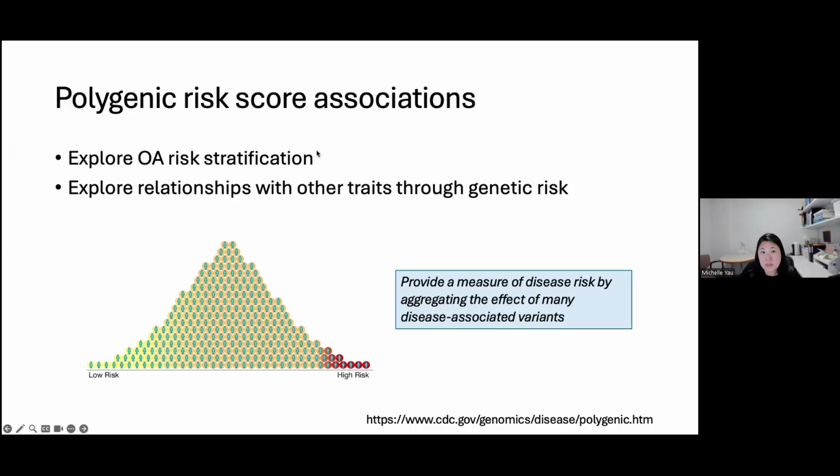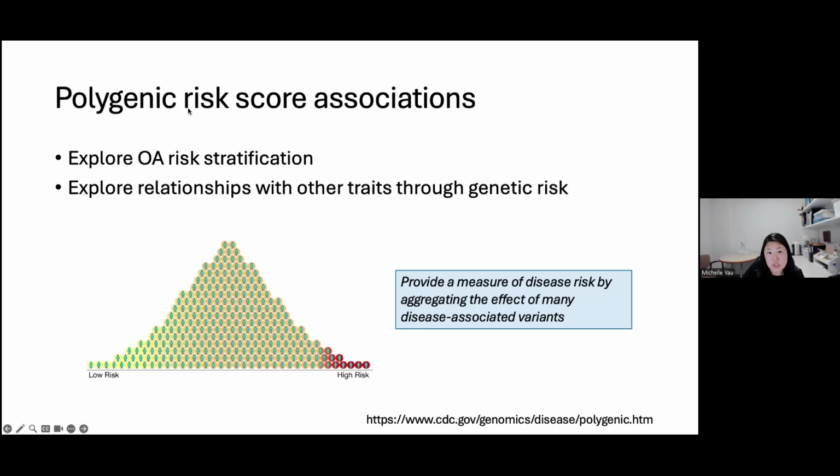You can look at polygenic risk scores for any OA, hand OA, knee OA, any phenotype that they've looked at in the GO Consortium GWAS. You can derive a polygenic risk score from that and apply it to OAI and look at how those polygenic risk scores perform, predicting OA outcomes in the OAI.